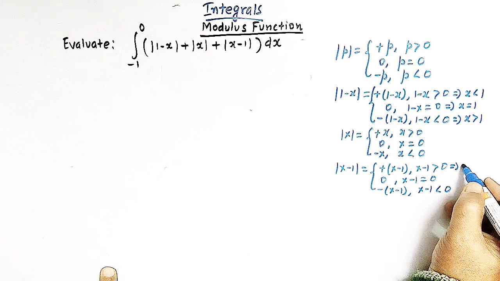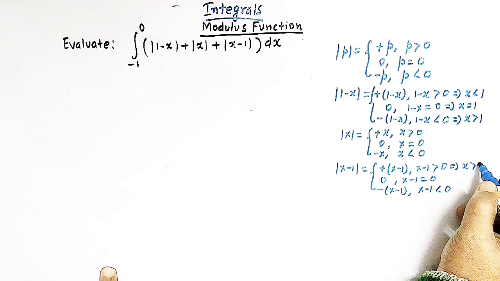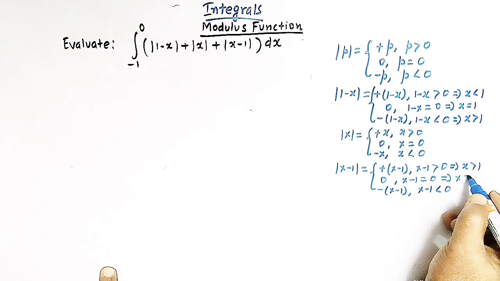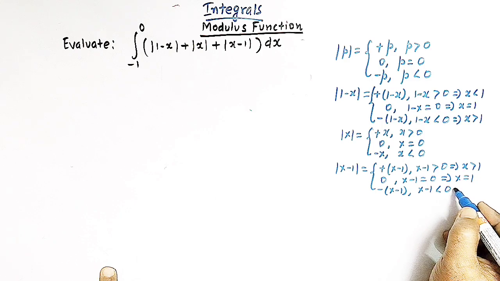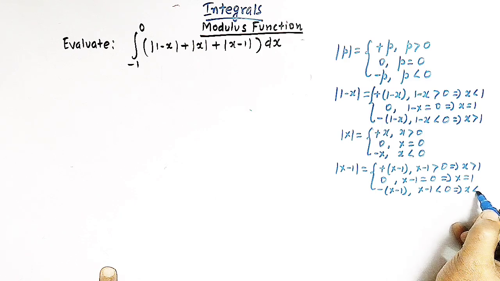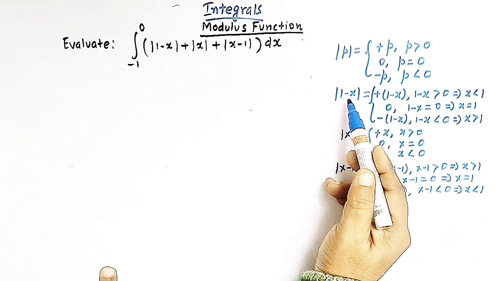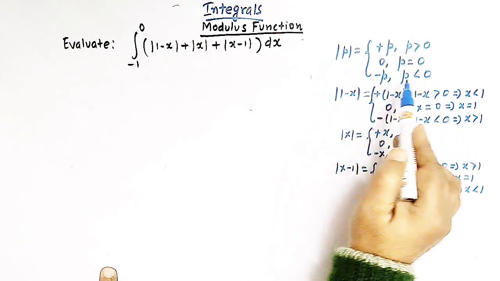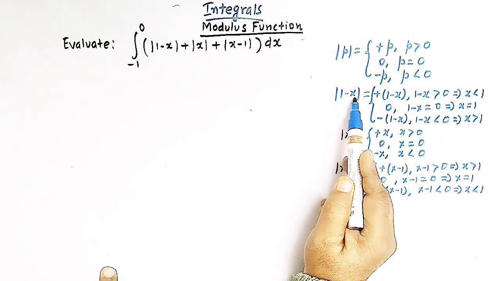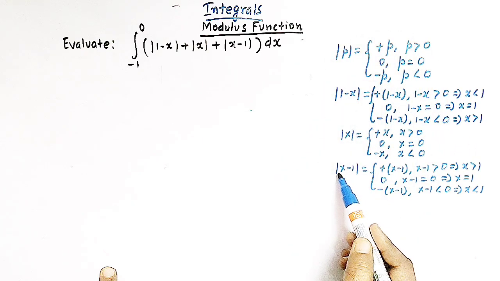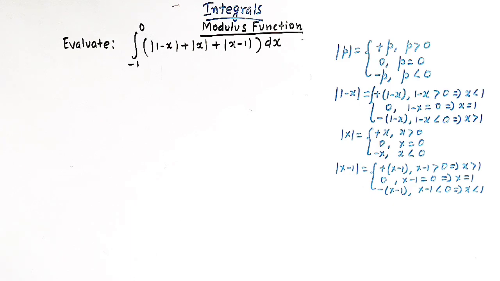So from here we can see that x is greater than 1, from here x is equal to 1, and from here x is less than 1. So this is how, with the help of this definition, we can define mod of 1 minus x, mod of x, and mod of x minus 1.